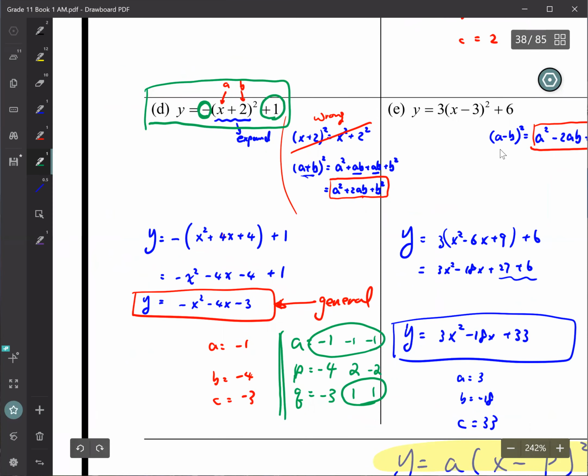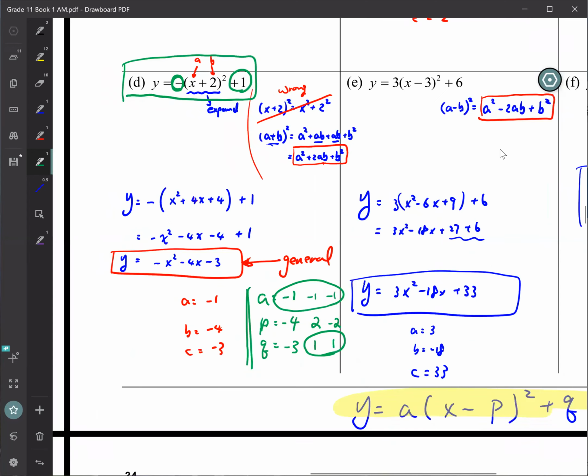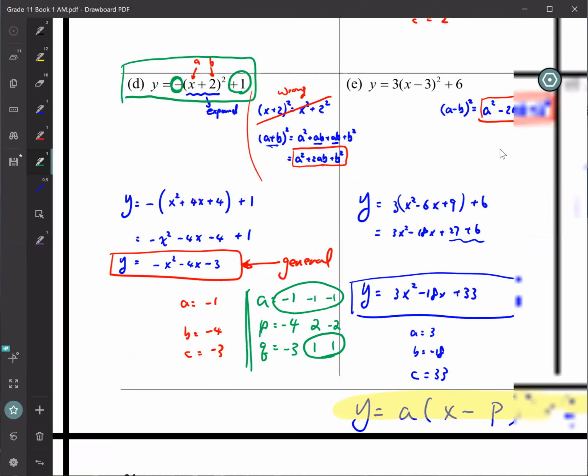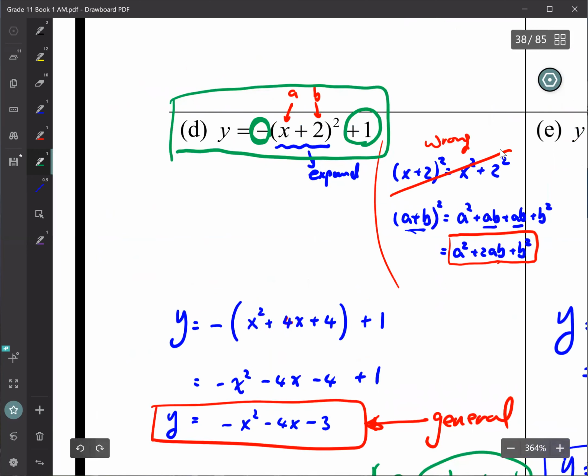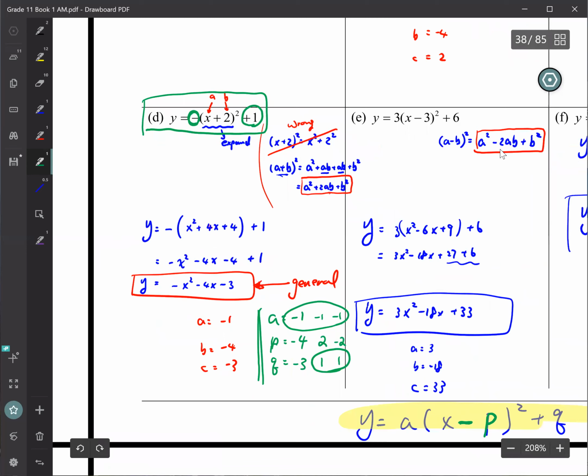Now the most troublesome one is the p, okay? If you look at the form, it has to be minus p, right? However, in the question, you have a +2, right? So you have to think about minus one number. It will be the same as +2. So if I minus a -2, it will make it into x + 2.